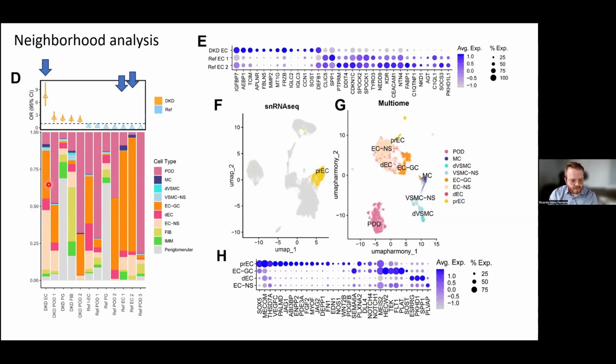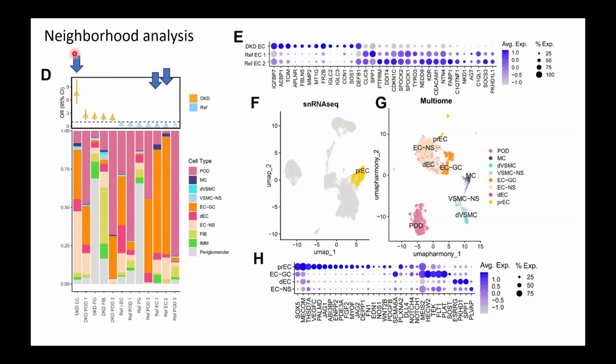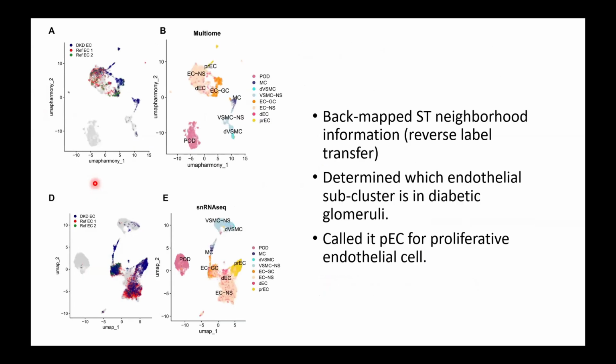And then what we did was essentially a reverse mapping now. I will go to this slide first and then come back. We essentially took those neighborhoods and mapped them on top of the multiome and the single nucleus RNA-seq. And we have those three neighborhoods, the 1 and 2 endothelial reference neighborhoods and the endothelial DKD neighborhood. And in each of those two disaggregated technologies, we find a specific subcluster that is rich only for the DKD neighborhood, right?